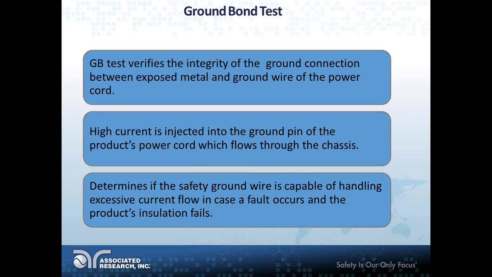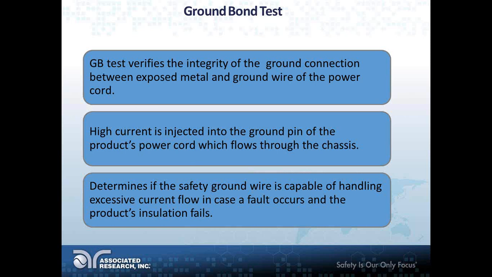It not just verifies whether a ground circuit is continuous or not, but additionally verifies the integrity of the ground connection between exposed metal and the ground wire of the power cord. Basically, it checks the integrity of the ground connection and tells us how good the ground connection is, and if it will be able to conduct any fault currents if there was a fault in our product.